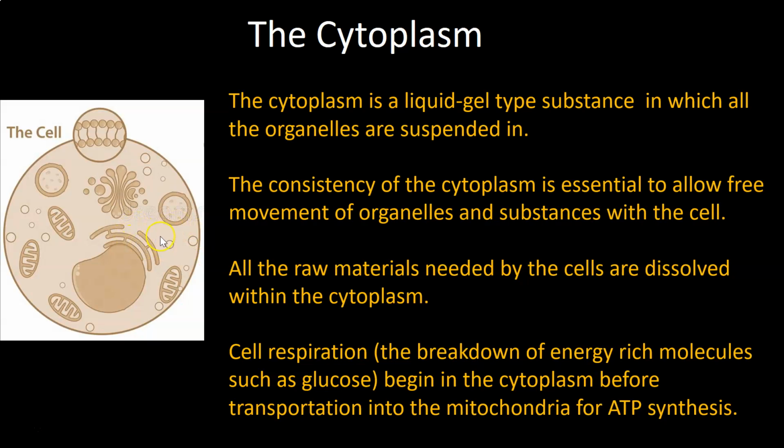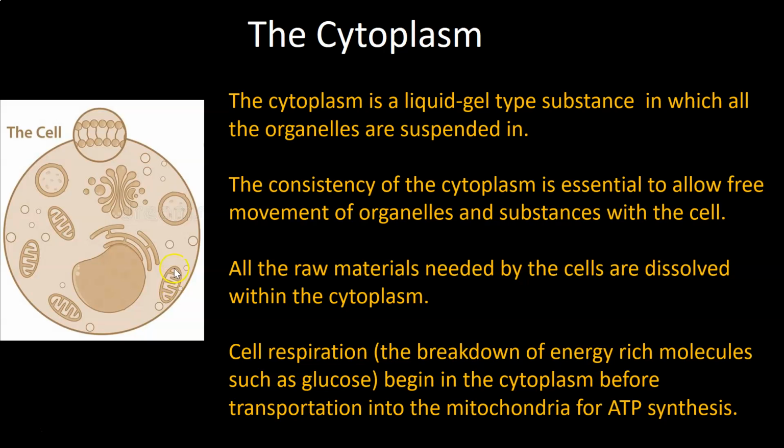Another thing about the cytoplasm is that all the raw materials needed by the cells are also dissolved in it. Everything the cell needs, such as amino acids, minerals, and glucose, are all dissolved in the cytoplasm. Part of the cell respiration pathway happens in the cytoplasm.